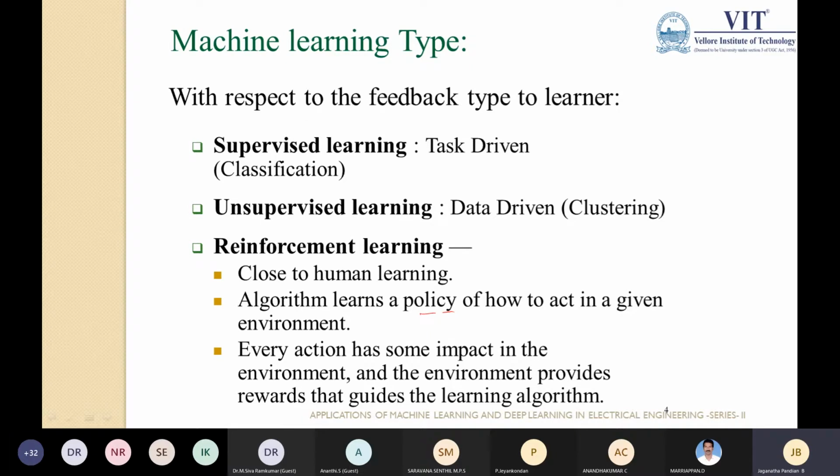What signal I should give as an input to the system so that it will give me a desired performance. So that policy it is going to learn. That policy will be based on what I should do given the situation. For that particular situation, what I should do, that is what it is learning.